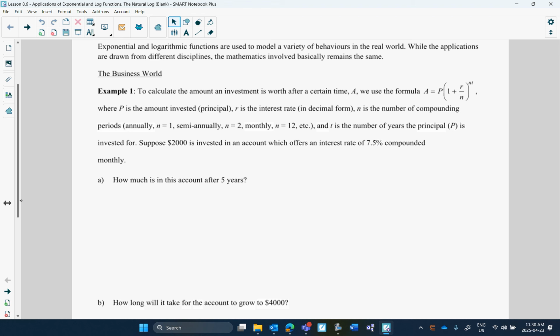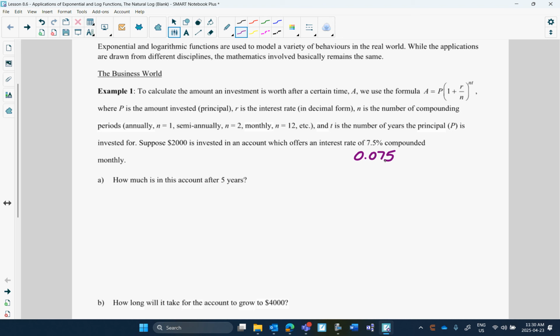Okay, so here we have a situation where we're going to invest $2,000 and we are told the interest rate is 7.5%. So remember, when we start calculating with it, we don't use the percent form, we use the decimal form.